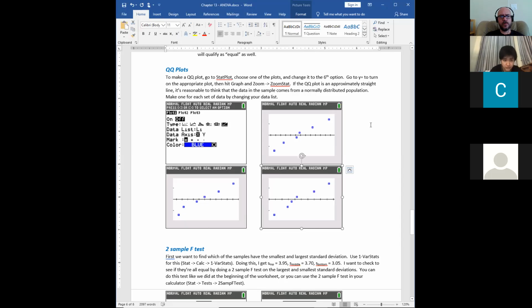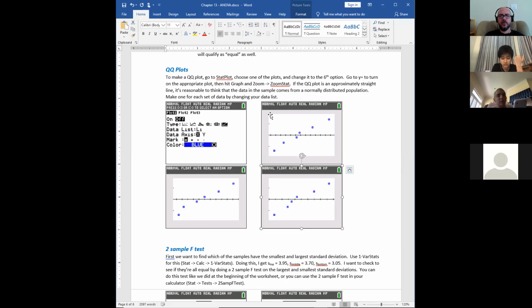Hold up. Let me show you what I'm seeing right here. Oh no, delete the L1 from your Y1. That's not what you want. Okay. What do I want in there? Nothing. Just have plot 1 on and that's it. Oh, okay. Press second Y. We need to go to stat plot. Oh, I think you already did that. Yeah, I did that.